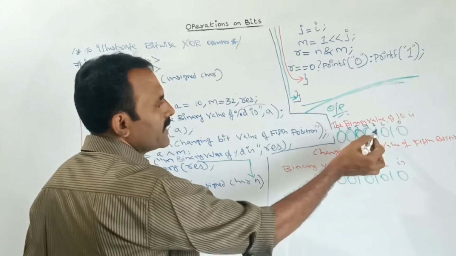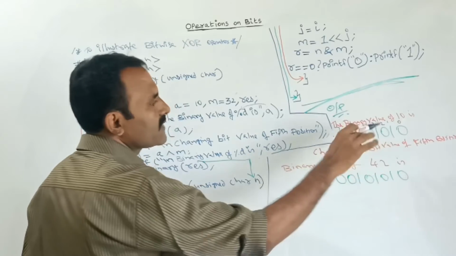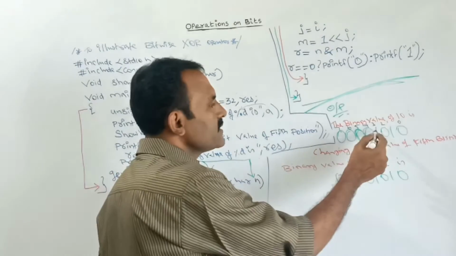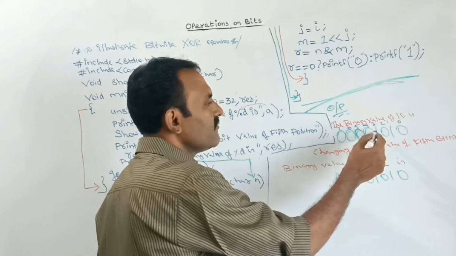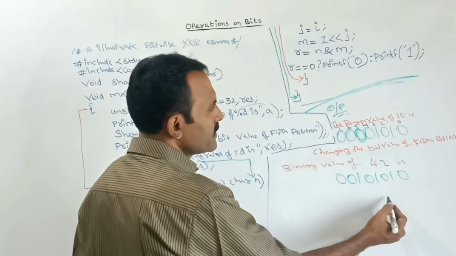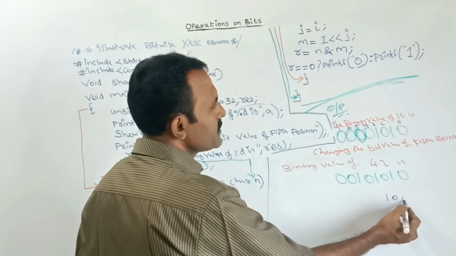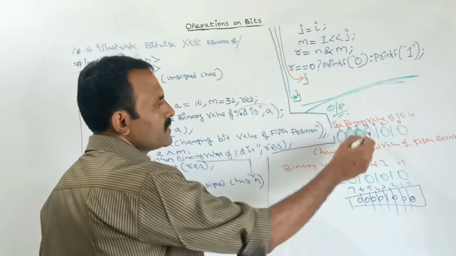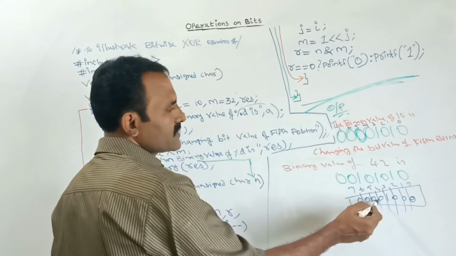When we are toggling, this 1 will turn into 0. So if I want to change this 3rd position, then what mask value should I use? At the 3rd position it should be 1, and every remaining position it should be 0. See here, if I need to change this 3rd position, then this is the mask value.